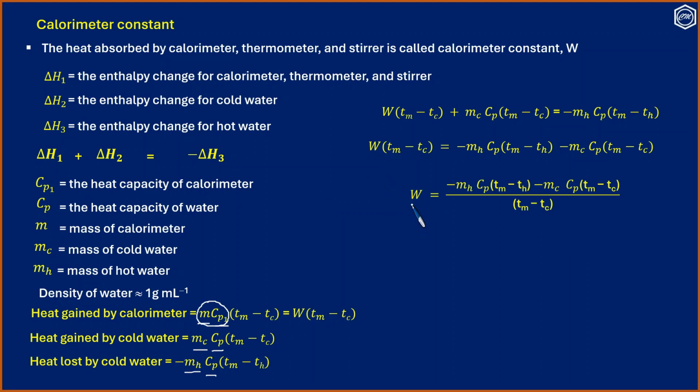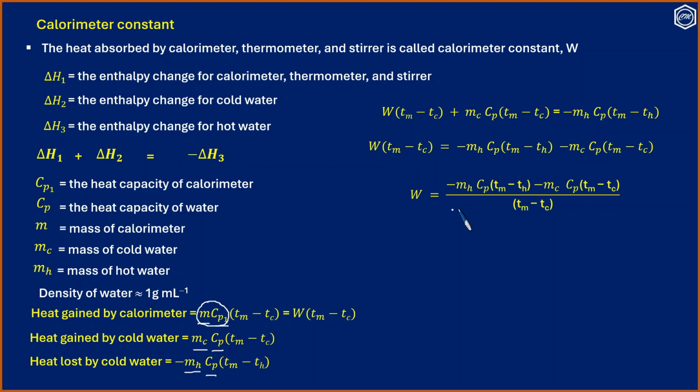So from this we get W as minus Mh Cp (Tm minus Th) minus Mc Cp (Tm minus Tc), all divided by (Tm minus Tc). Tm is the maximum temperature attained, Tc is the temperature of the cold water. And here Tm is the maximum temperature attained and Th is the temperature of hot water.